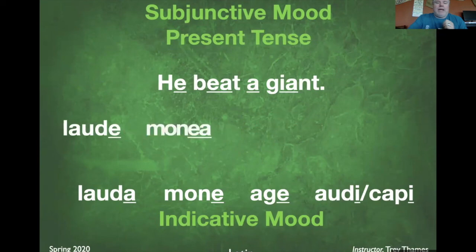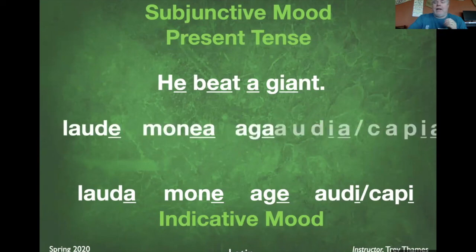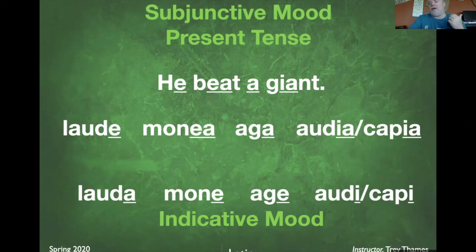Lauda becomes laude, mone becomes monea, age becomes aga, and audi and capi become audia and capia. So, he beat a giant. And so we just took this vowel shift and added our endings, m, s, t, mus, tis, nt, and this is how we form the subjunctive in the present tense. And there again, there's that mnemonic device.